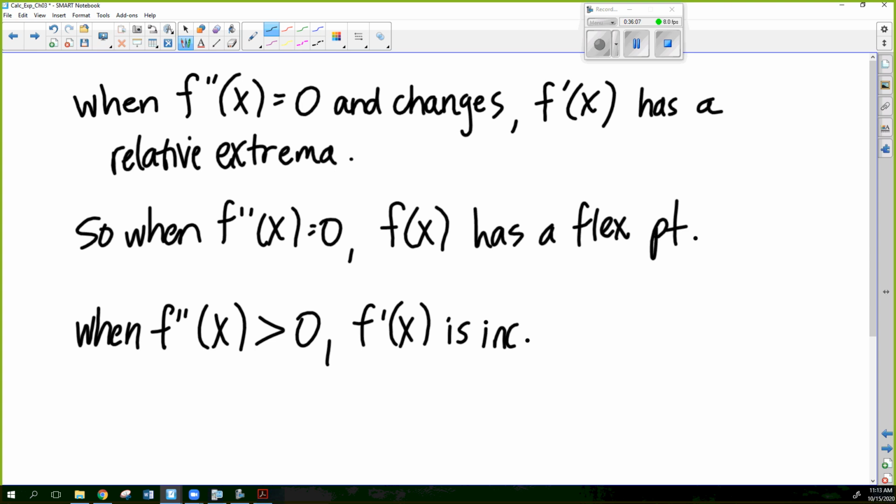So remember when we said if there's a sign change, there has to be an extreme. So a positive would go with an increasing, and a negative would go with decreasing. So I'm making the same connections I made before, but I'm going from second derivative to first derivative.